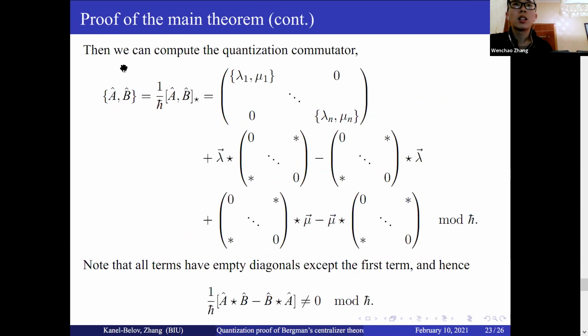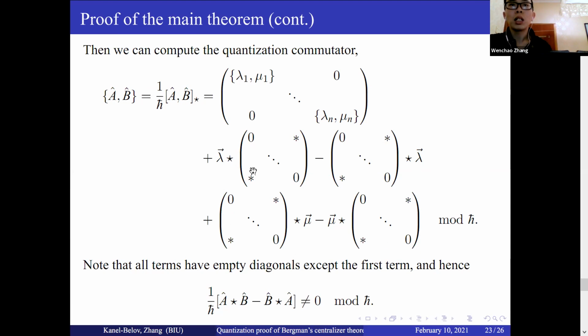And we can calculate the star commutator of A and B, which is also the Poisson bracket as we defined before. And here we have a diagonalized form with the Poisson bracket of their eigenvalues, plus some terms with zero diagonal form.